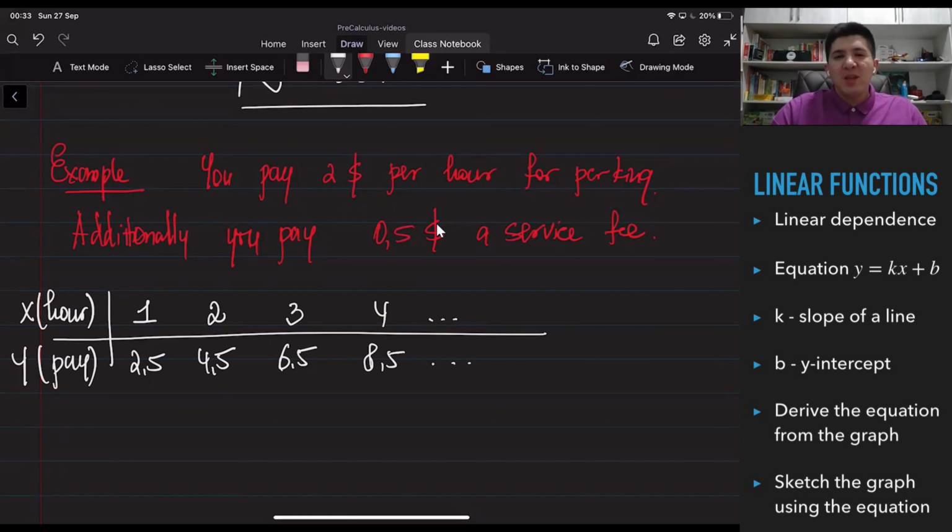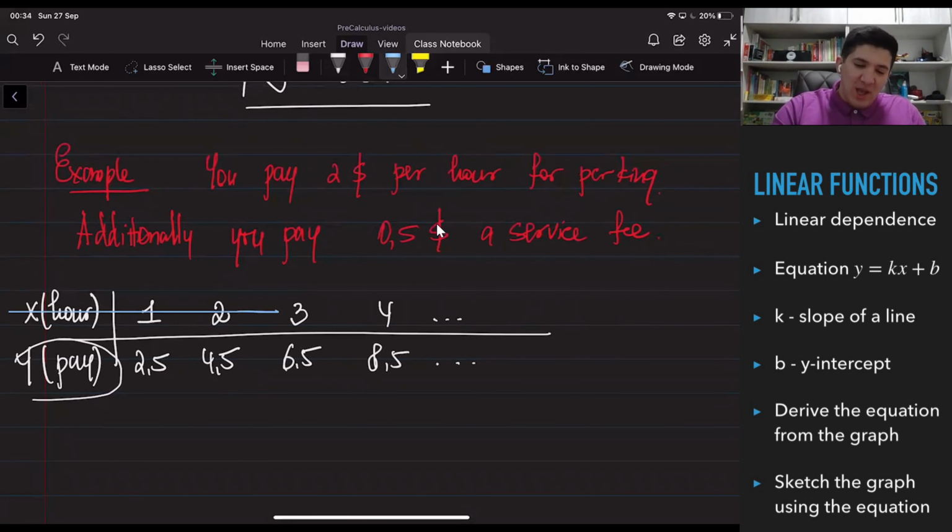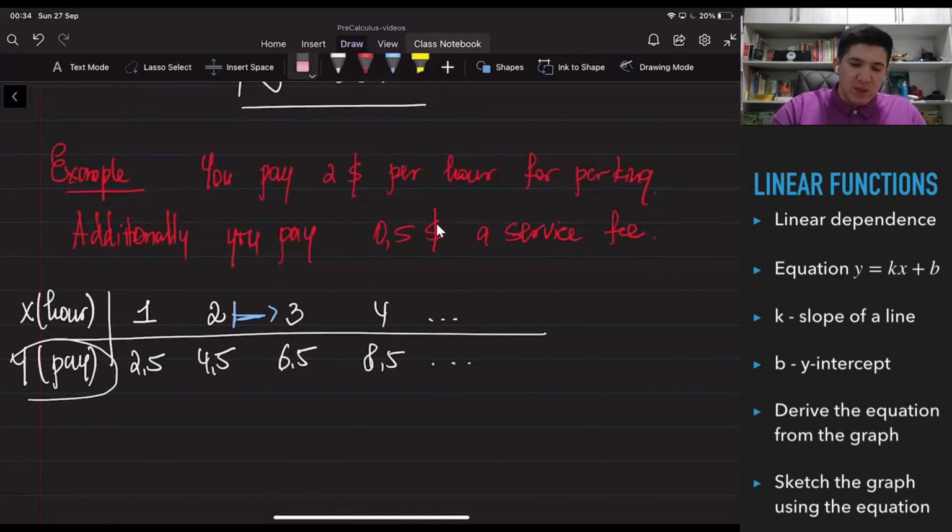So what do I mean by linear is that x and y are dependent linearly. So y, the amount I need to pay, is changing by a scalar, by a constant, right? So basically, if you change x from 2 to 3, then y is going to change by 2, right?